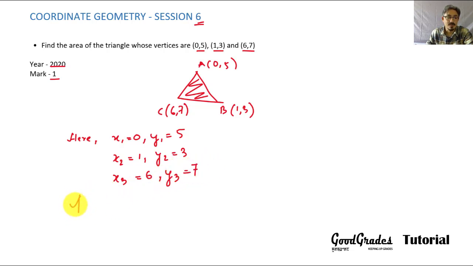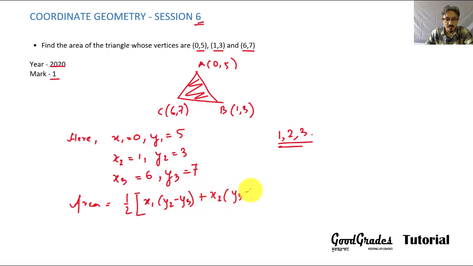The area is equal to half of x1 into (y2 minus y3) plus x2 into (y3 minus y1) plus x3 into (y1 minus y2).